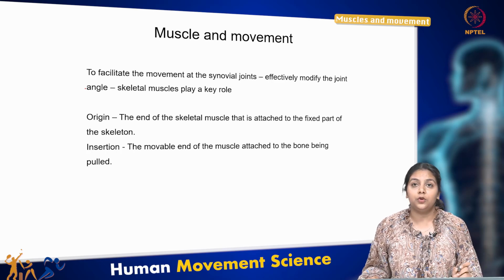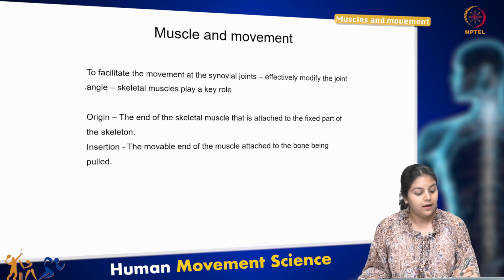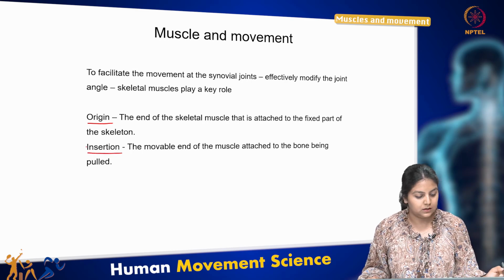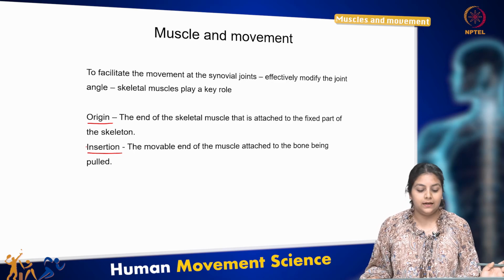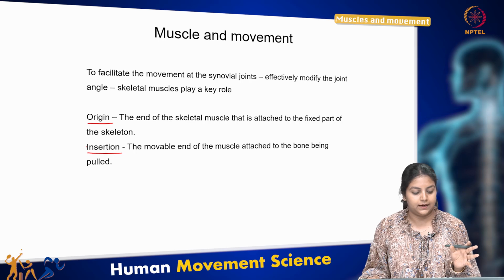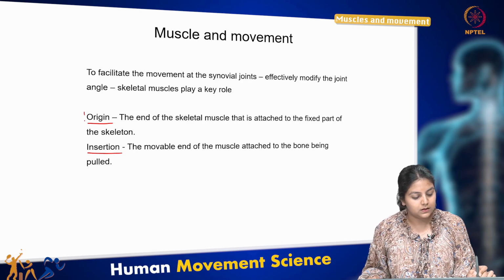Before we get into that, we need to understand two important terminologies, which are origin and insertion of the muscle. The end of the skeletal muscle that is attached to the fixed part of the skeleton is called the muscle origin.